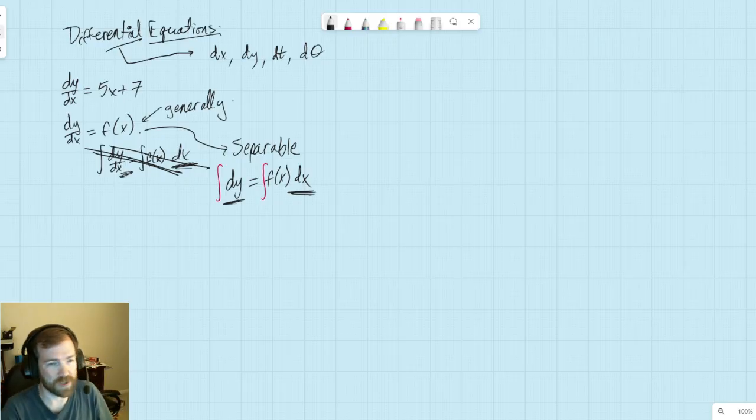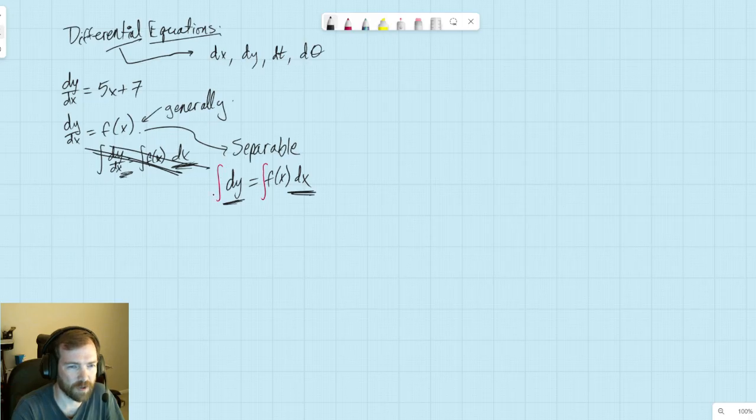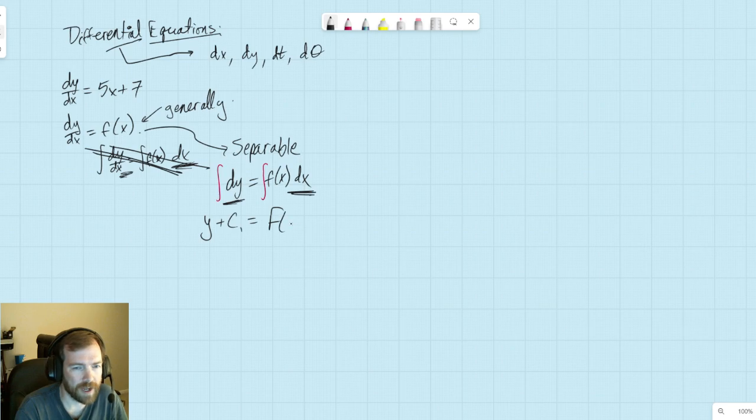And then you can just do this, where, again, take the integral operator of both sides. Alright, so on the left, this ends up becoming y, technically plus c, and we'll just let it be c1 for the moment. And over here on the right, this ends up being whatever big F of x is plus c2.